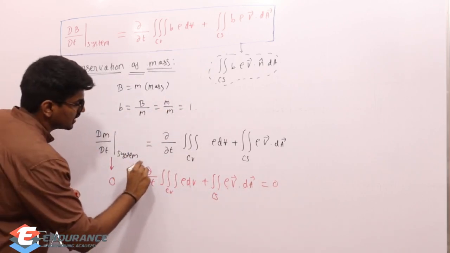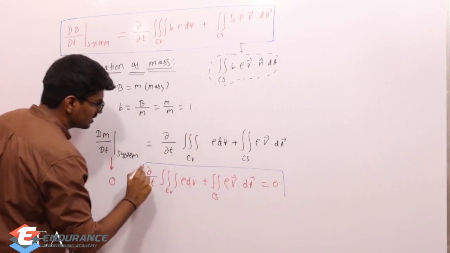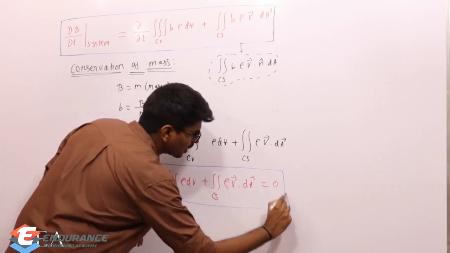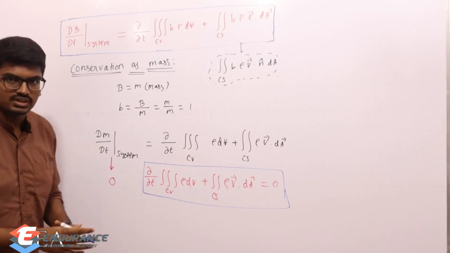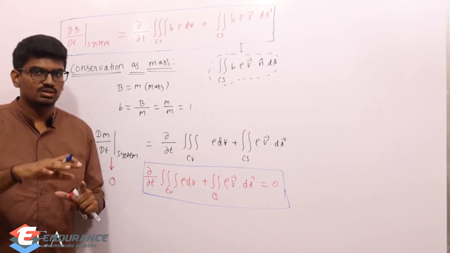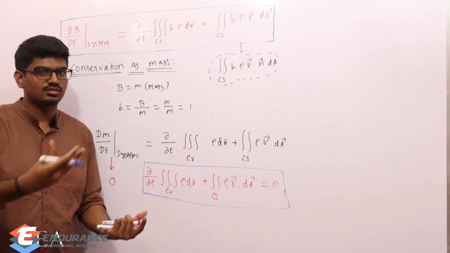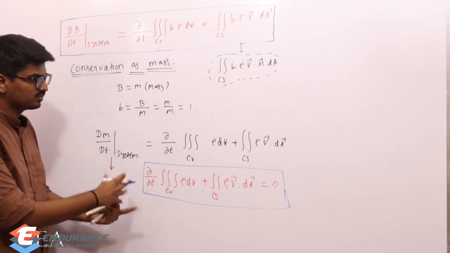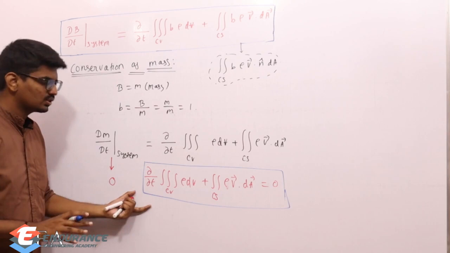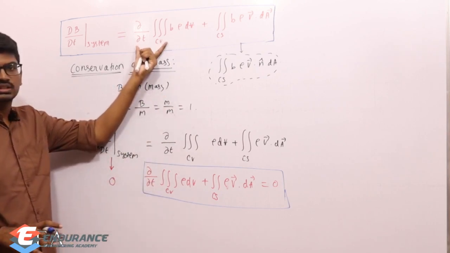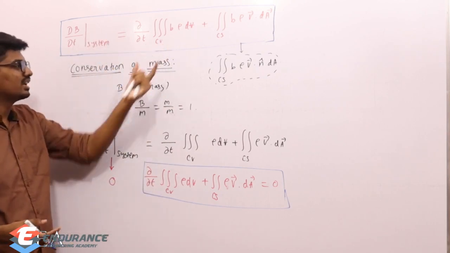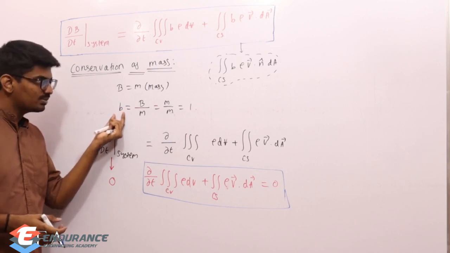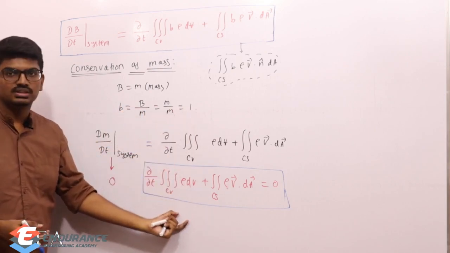So this is our mass conservation equation for the control volume and control surface, or simply the mass conservation equation of a control volume, because the control surface is the boundary of the control volume. If possible, remember this, or even this is not required: if you remember Reynolds Transport Theorem, and wherever B is there replace with m, wherever small b is there replace with 1, you will end up with this equation.